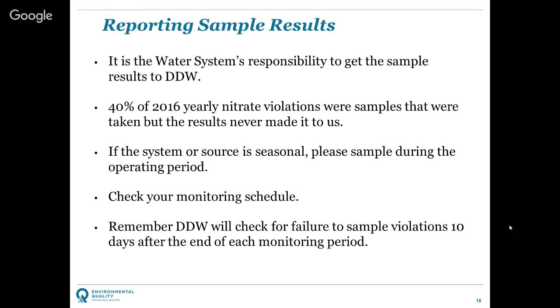Please be aware that most of our nitrate violations that we sent out at the end of 2016, the reason for the violation for 40% of those is that we didn't get the data, but the samples were taken. So just make sure that that last step, that the division gets a copy of that data, is completed. If your source or your system is seasonal, it's important to sample only during that operating period.